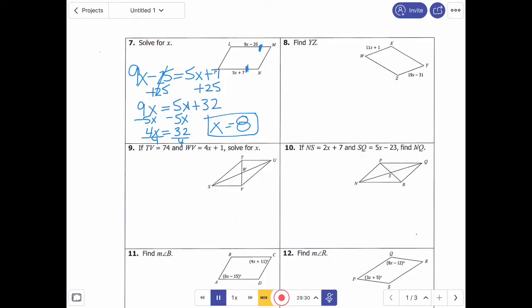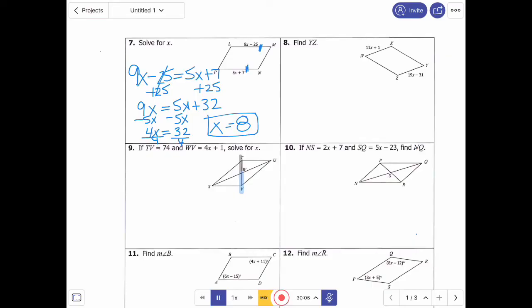For number 9, if TV equals 74, so TV would be this diagonal, and I know that VU, just that portion of the diagonal, is 4x plus 1. I think VU, VW and TW should be congruent to each other because they're parts of the diagonal and the diagonals are bisecting each other.